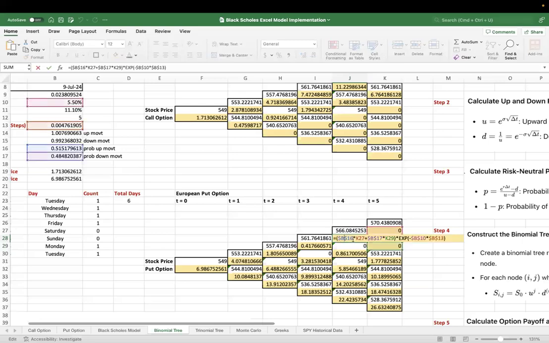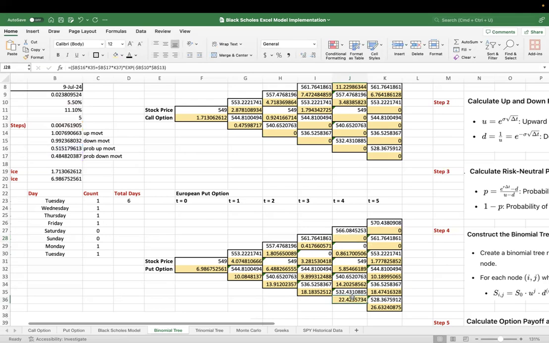Which is P times up movement. So this B16 is nothing but the probability of up movement. K27 is your option up value. B17 is nothing but 1 minus P. K29 is the down value. And this, we are just discounting it off.